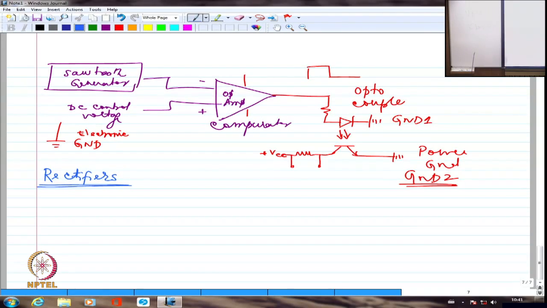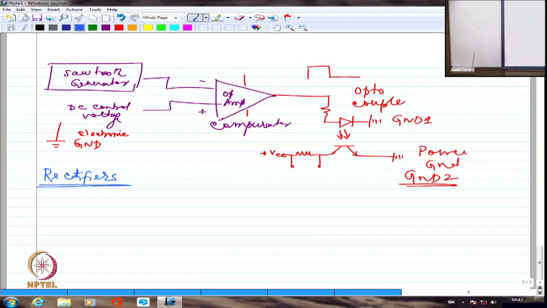A DC motor drive, for example, is like RLE, because of EB, I will have back EMF. So you should know how RL circuits behave, how RLE circuits behave, how RC circuits behave, and whether I have R and C in parallel or R and C in series.